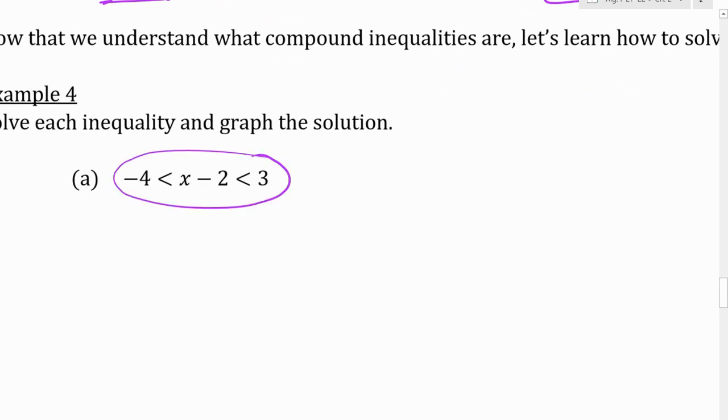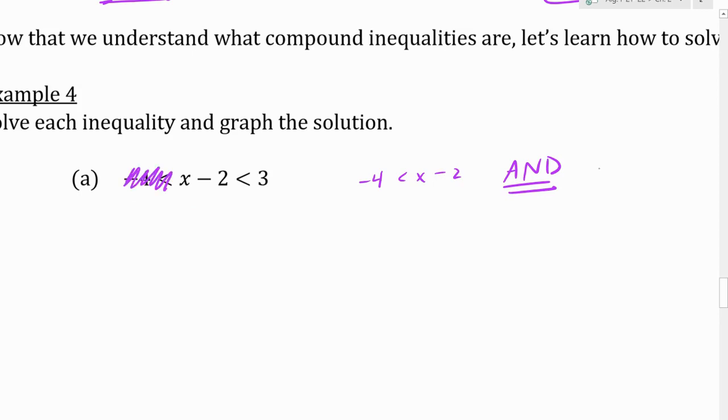You couldn't have an equation like that you could solve, but you can have inequalities, because what this means is this right here. Like cover up this end. It means that negative 4 is less than x minus 2, and at the same time, x minus 2 is less than 3.